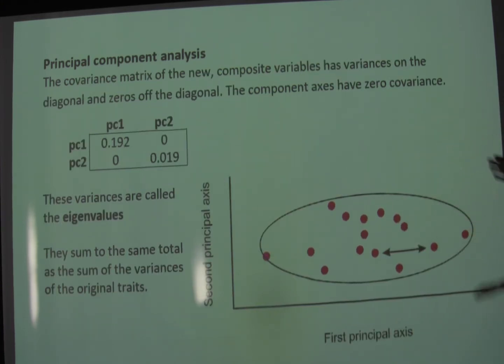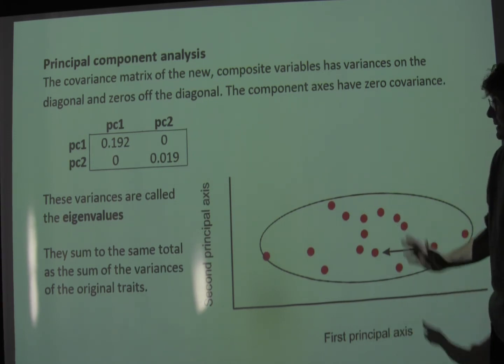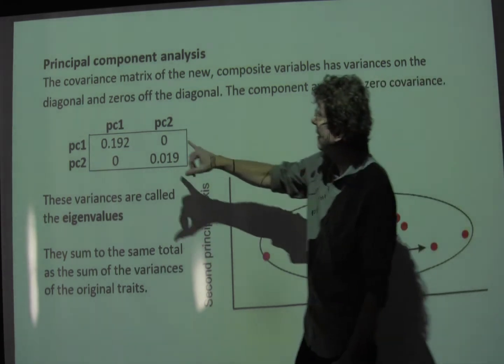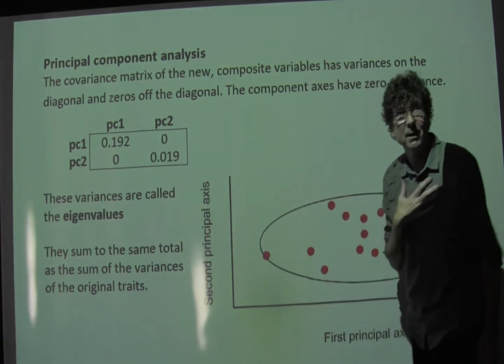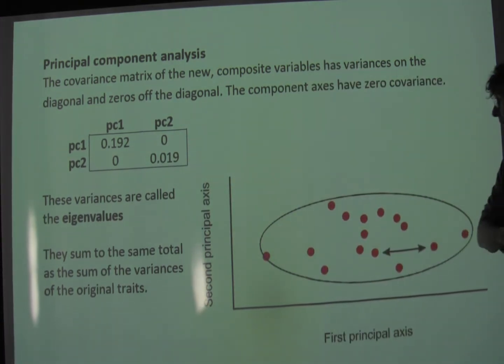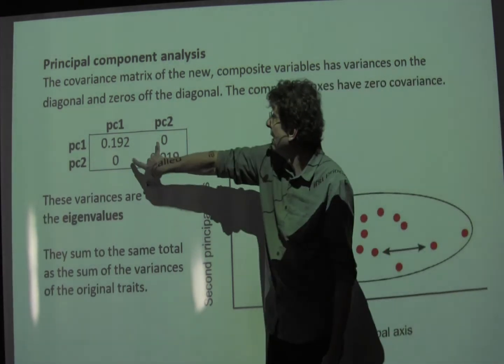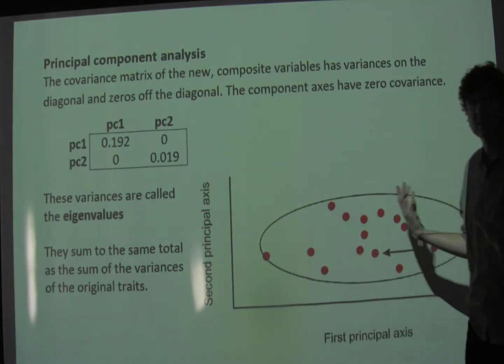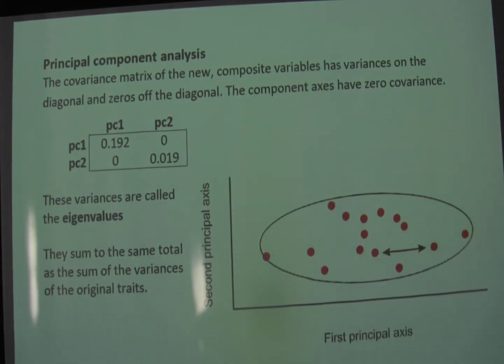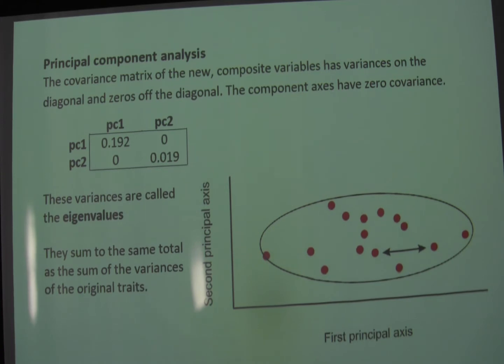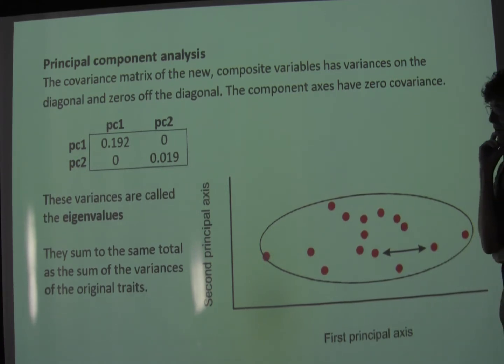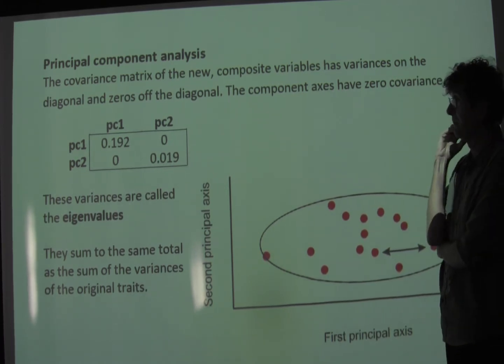The process of rotating this and producing the principal axes creates new variables that are called principal component 1 and principal component 2. As part of this rotation, these new axes are uncorrelated, so there are zeros on the off diagonal. There's no covariance between PC1 and PC2.